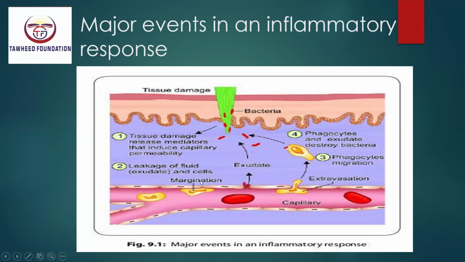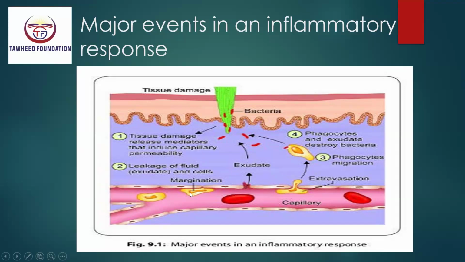Leakage of fluid and cells. The increased permeability enables fluid and immune cells to leak out of the capillaries into the surrounding tissue. This leads to margination, where immune cells like phagocytes move towards the margin of the blood vessel to prepare for exiting into the tissue. Migration of phagocytes.